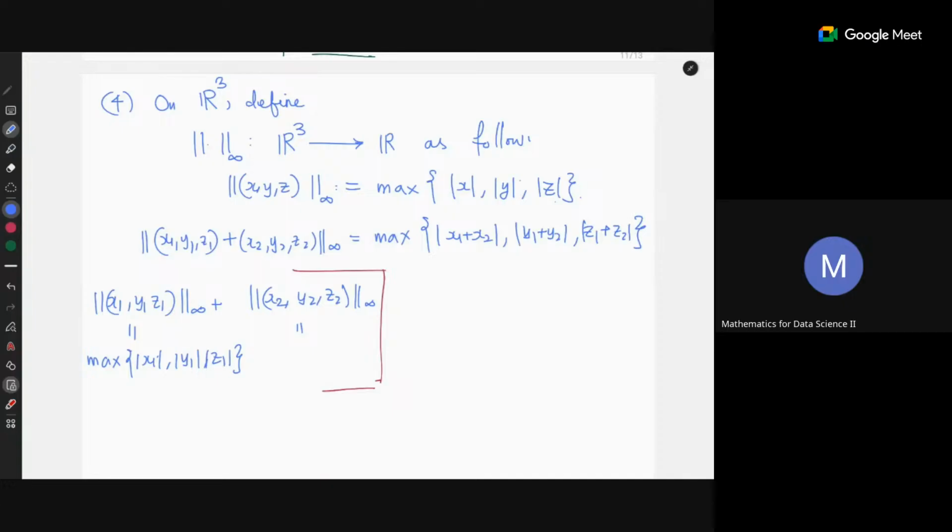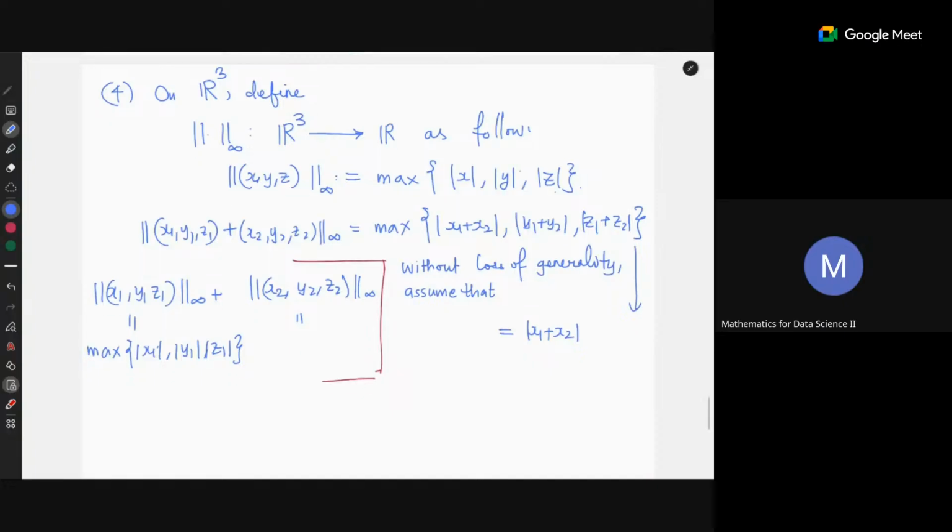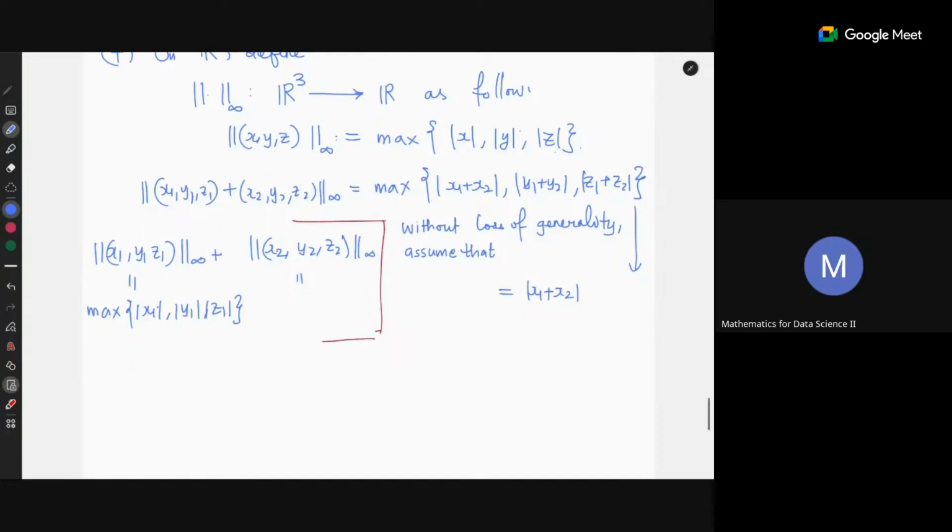You can assume that without loss of generality, this maximum is x1 plus x2.